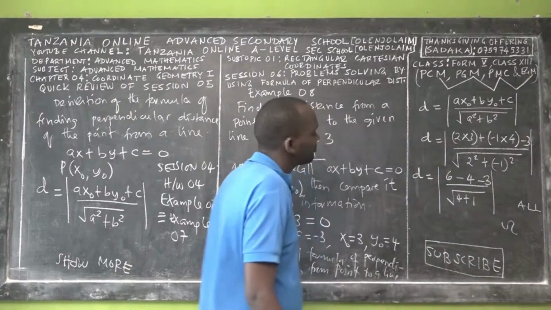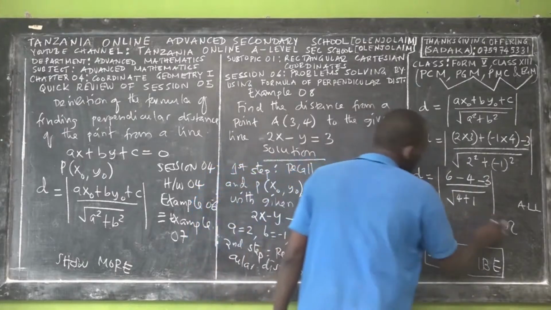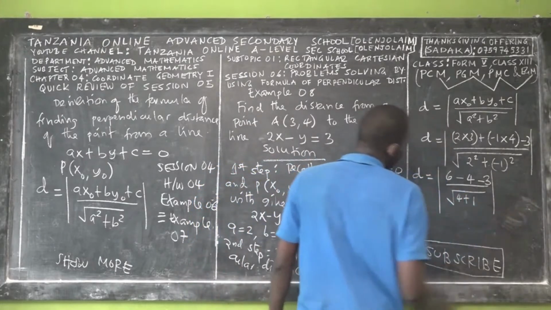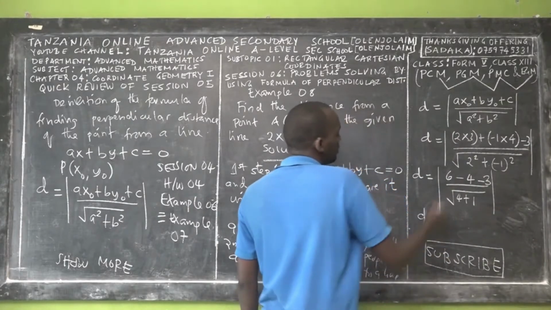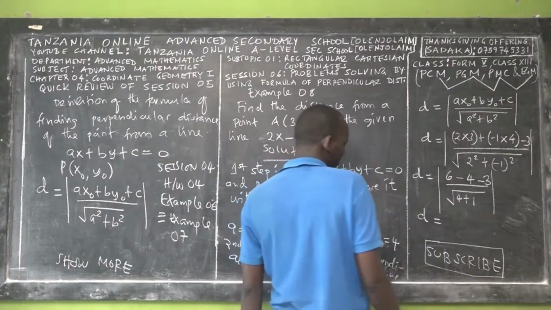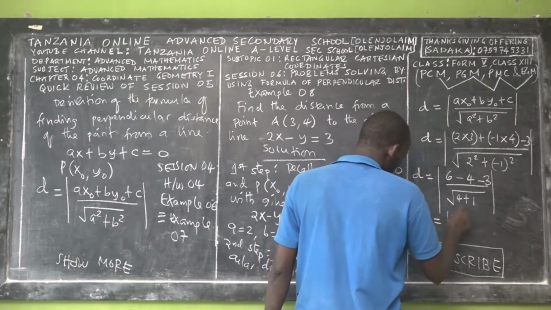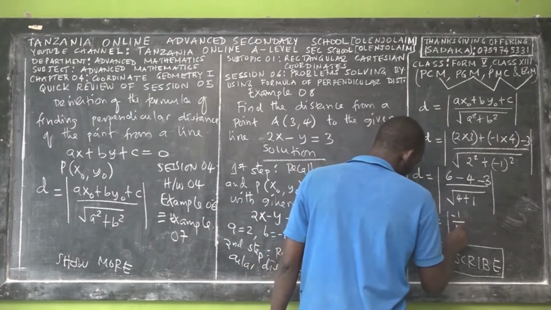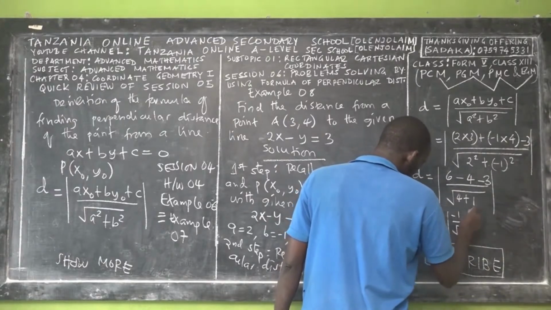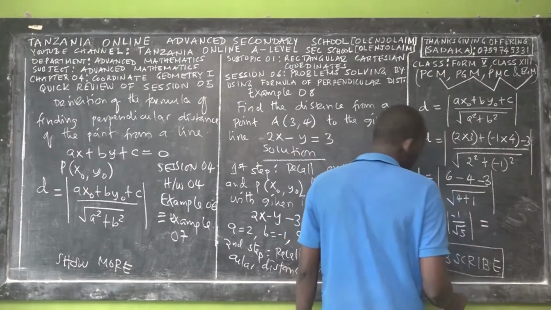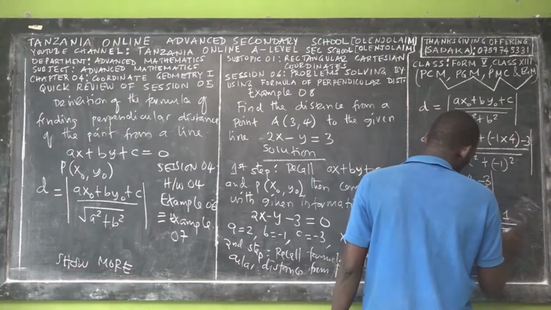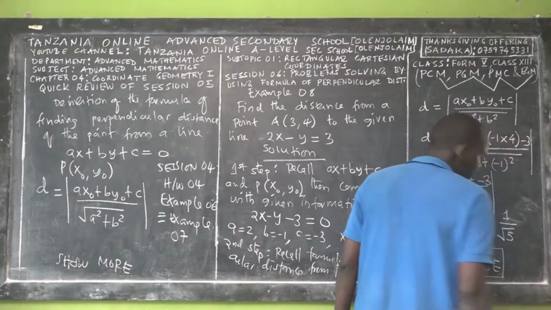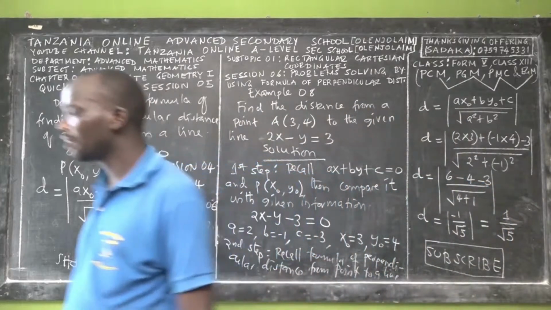So the perpendicular distance is equal to 6 minus 7 is negative 1, so the absolute value gives 1 over the square root of 5.